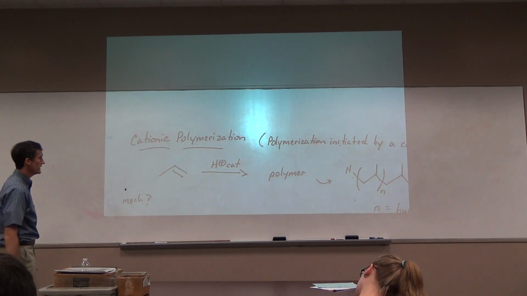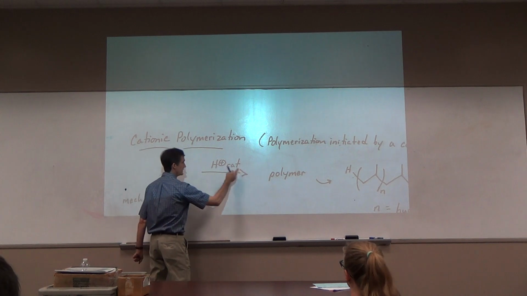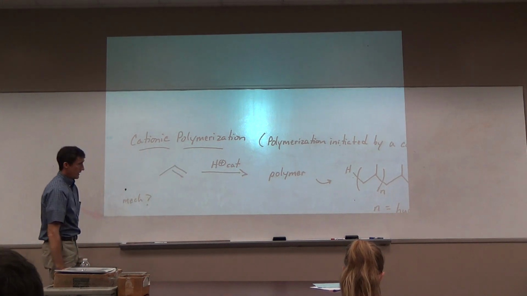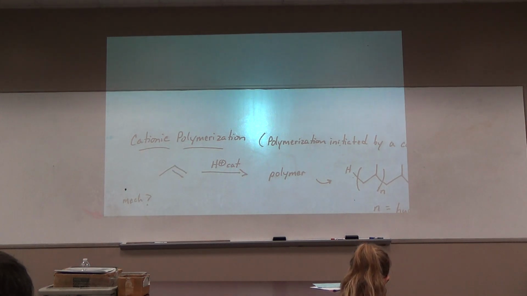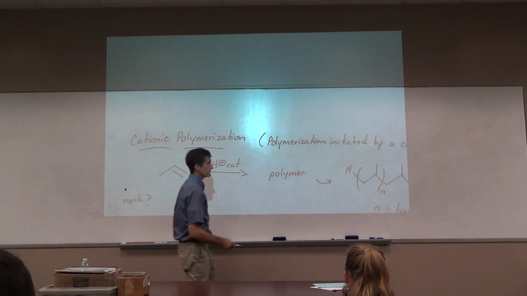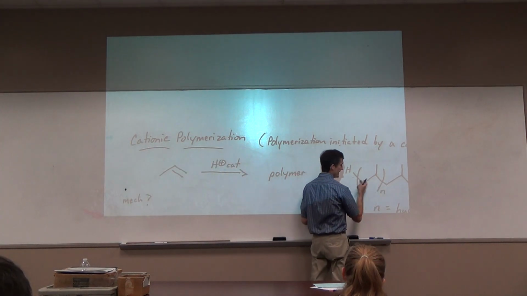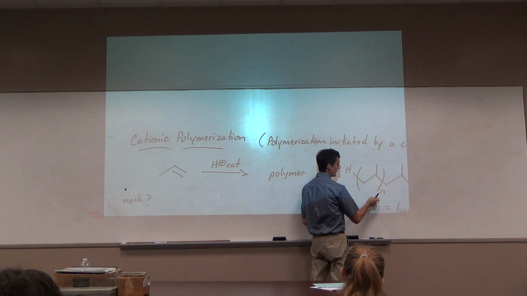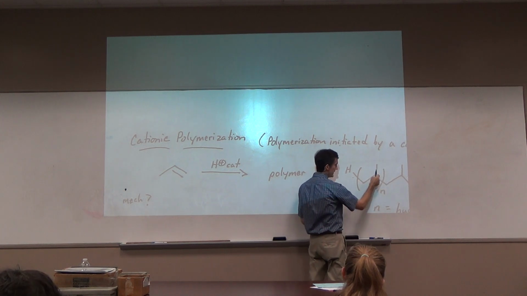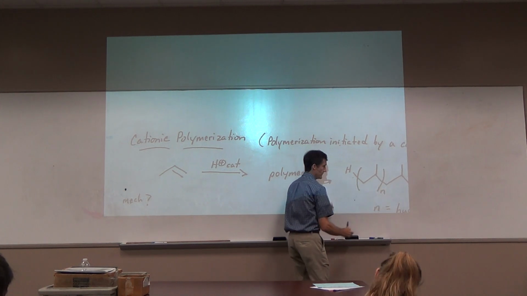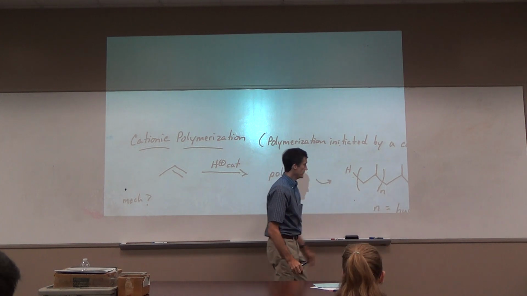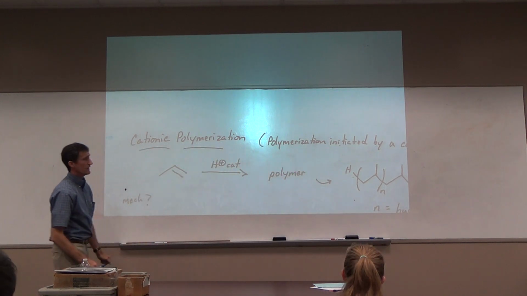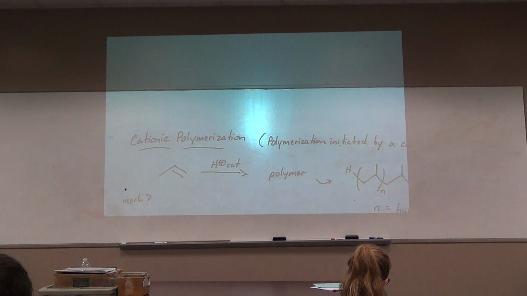If we take propane here and react it with an H plus catalyst, we can get a polymer. Polymers can be shown like this down here. Typically, a repeating unit is shown in brackets or parentheses, and this repeating unit repeats some number of times, like 100 gazillion.